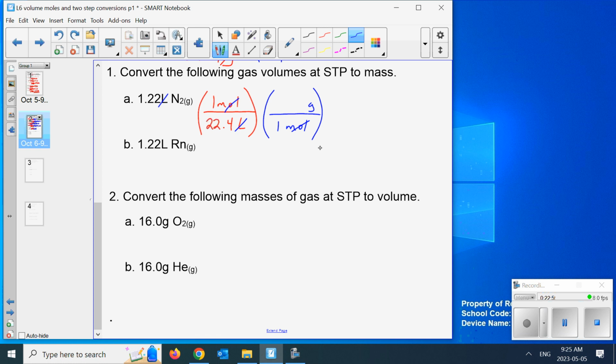The grams: N2 is what, 14.01 times 2, so 28.02. That's how that one is. I'll calculate it. I'll write it down. Okay, I'm going to round off to 3 digits. 1.526, so 1.53.